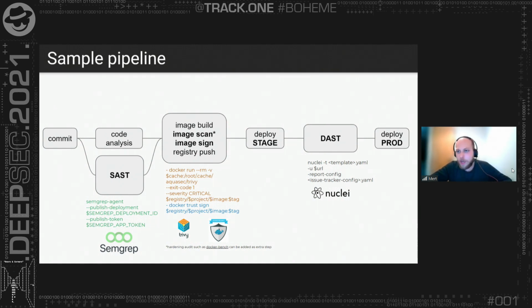And after this scanning, we make sure that we have the image and the code that we would expect as a security engineer, standard-wise. You can also have some kind of hardening step after the scanning step, to check the hardening presence, or you can harden it yourself in the container step.